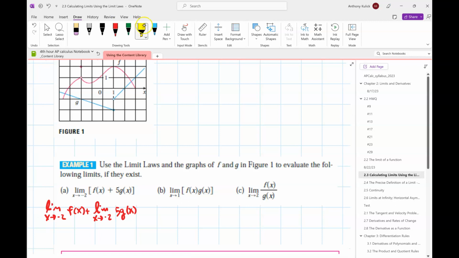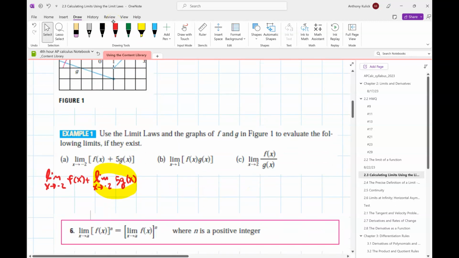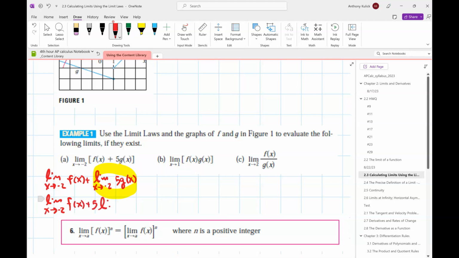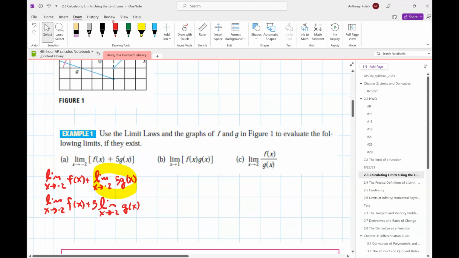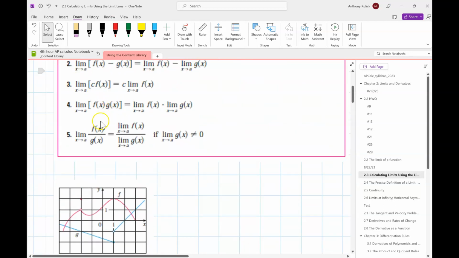And then I'm going to use limit law 3 on that piece and pull that constant out front. Right, I had a constant, and it allows me to pull the constant out in front of the limit.